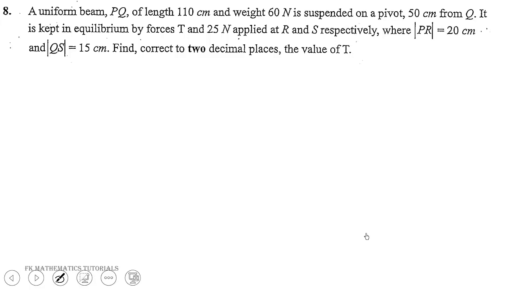So we can illustrate this in a diagram like this. The uniform beam is PQ. Then the weight in the middle is 60 newtons, suspended on the pivot. The pivot is 50 centimeters from Q, so from the pivot to Q is 50 centimeters.